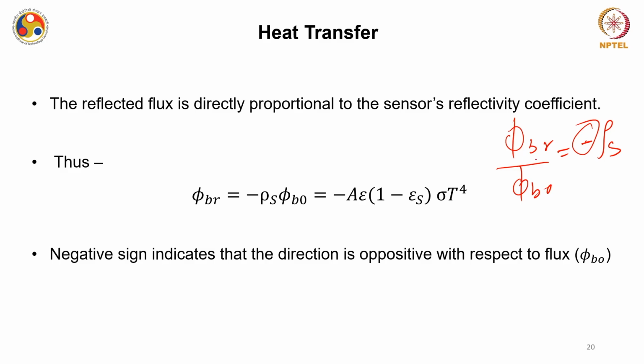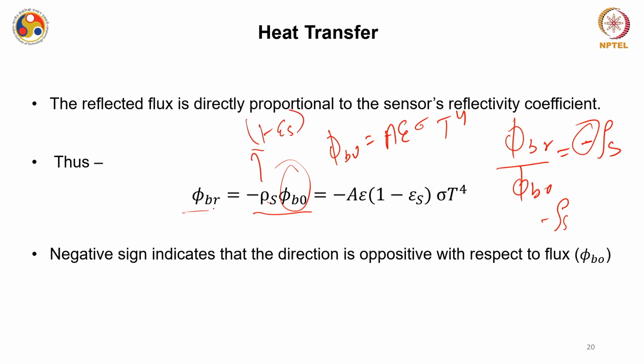So phi b r can be written as minus rho s into phi b naught. Phi b naught we already know, from the equation we have already seen, is equal to a epsilon sigma T to the power 4. And rho s we have already seen is 1 minus epsilon s.